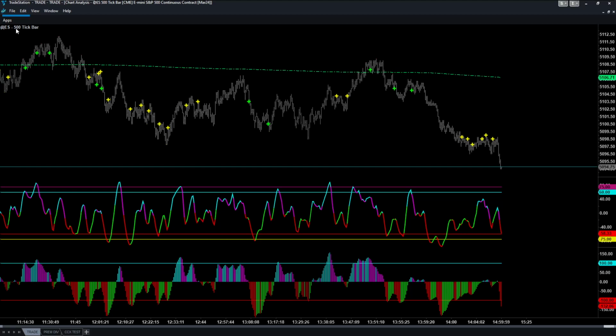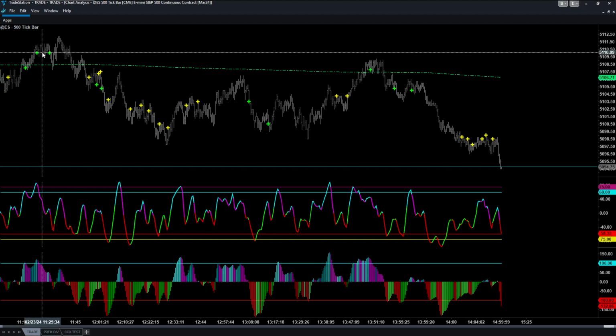So I personally would want this on a fairly fast interval. The 2500 for me would be a little bit slow. So I've got this on a 500. You could put it on a 100, or you could put it on a 1000, 1500, maybe a 2000. Once you're getting beyond that, now it's a little bit slower.